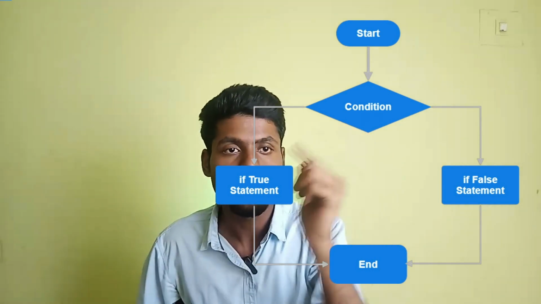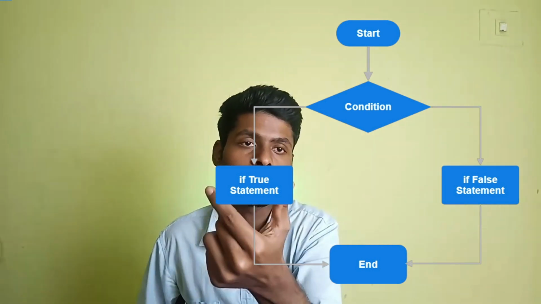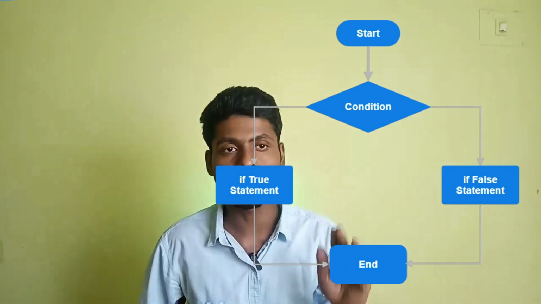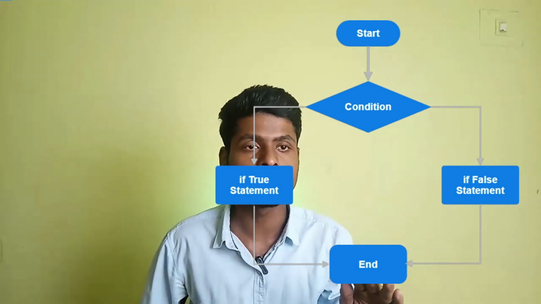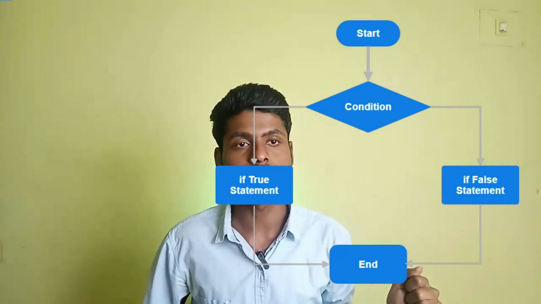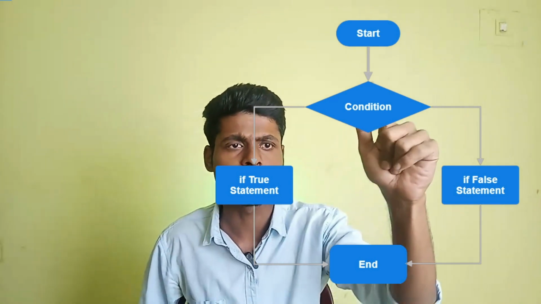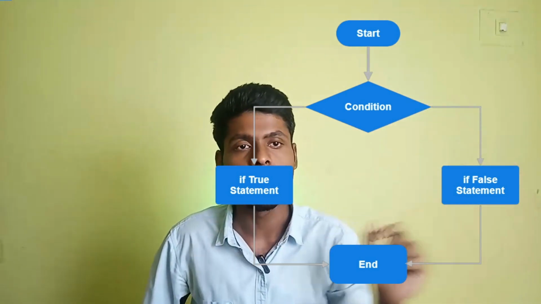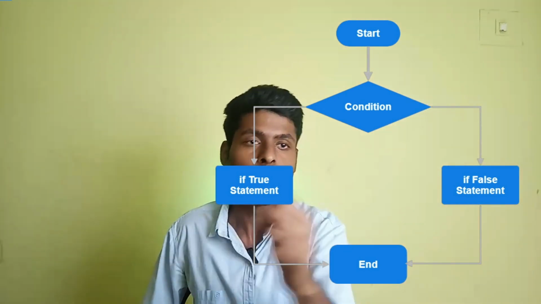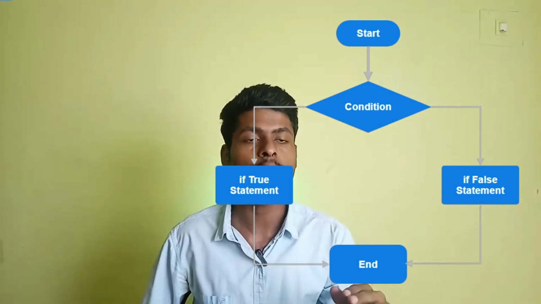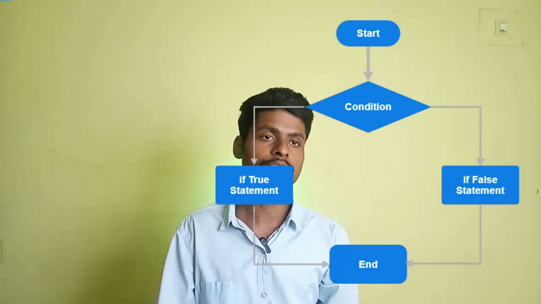When my condition is true, it will execute the true statement, and then my Python interpreter completes its execution without executing the false statement. If my condition is false, then it will execute the false statement without executing the true statement. Once the false statement completes its execution, my Python interpreter completes the program execution. Hope I'm clear. That's it on if and if else statement.